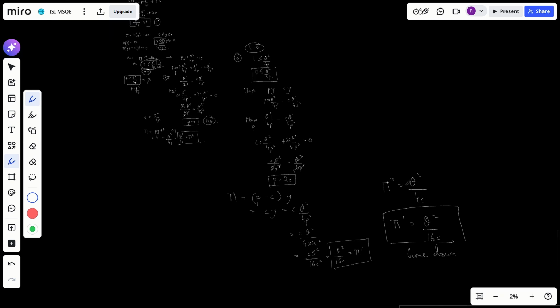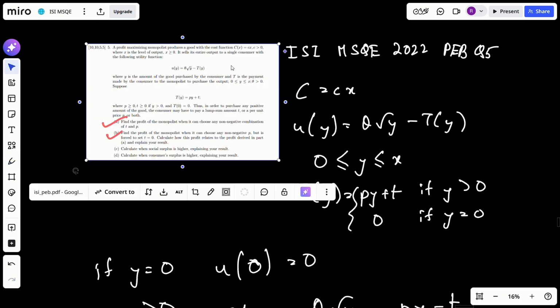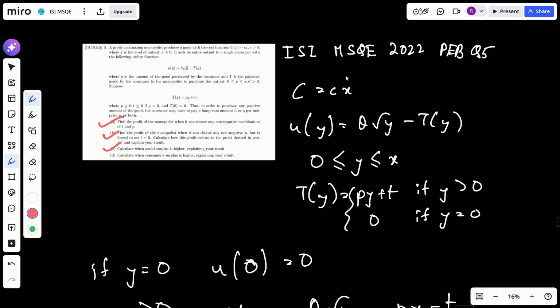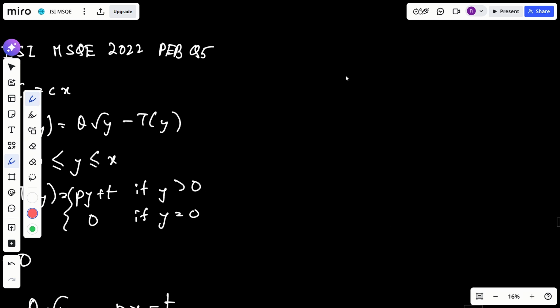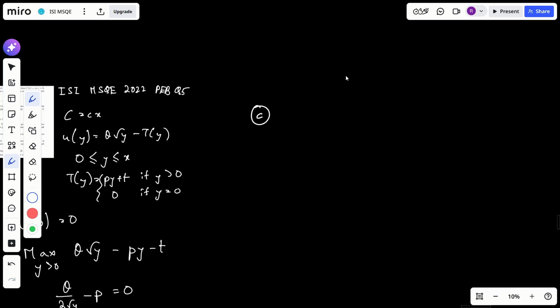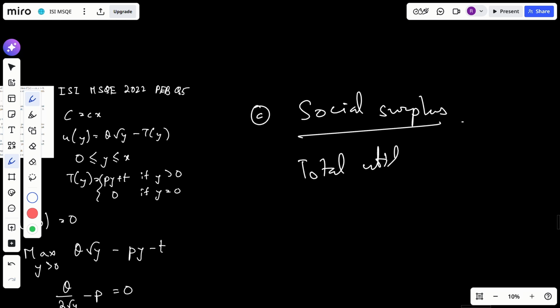In part B, for part 3, we are going to calculate when social surplus is higher. So what is our social surplus? Social surplus is nothing but our total utility plus total profit.